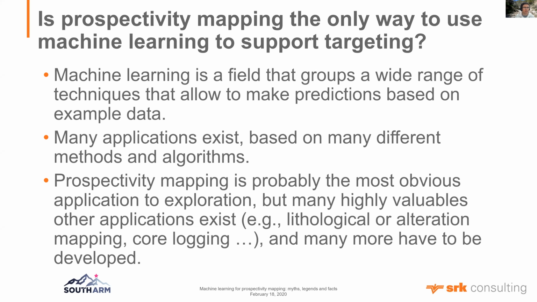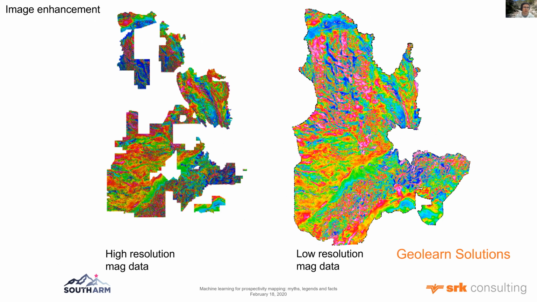This first one is not from SRK, it's from another company who allowed me to use the slides, Journal Solutions. They used some high resolution MAG data to train a model to be able, from low resolution MAG data, to interpret the high resolution. So how does it look?